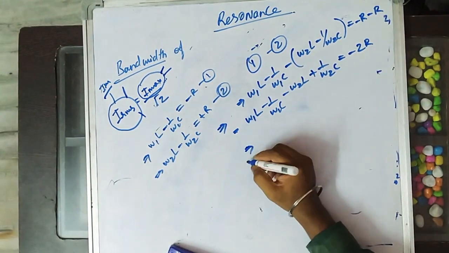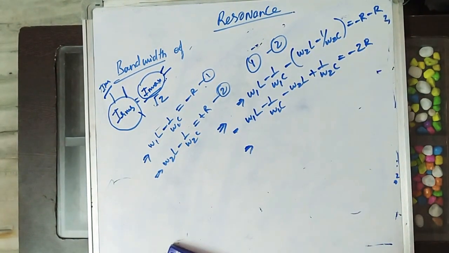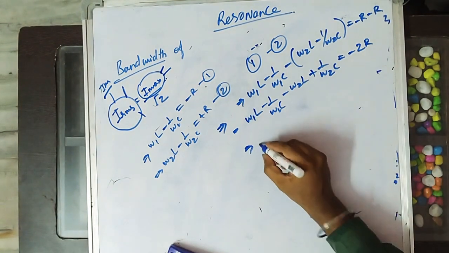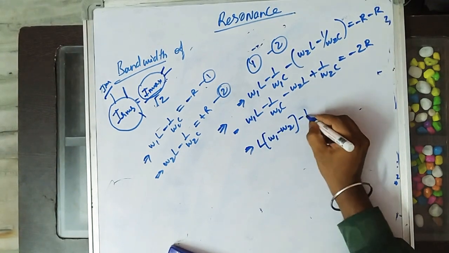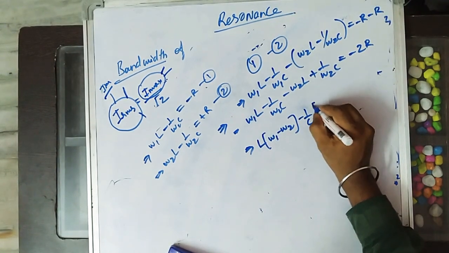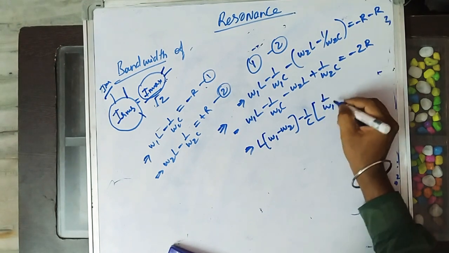Now we will take common L, so L into omega 1 minus omega 2, and here also we'll take common minus 1 by C, same concept.